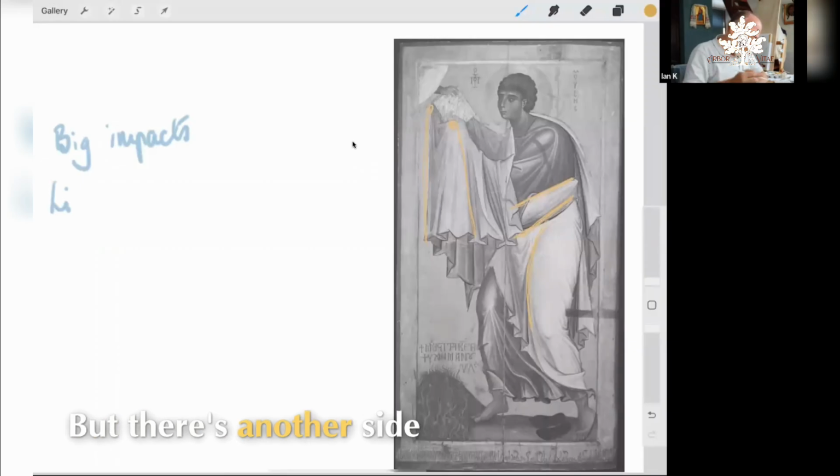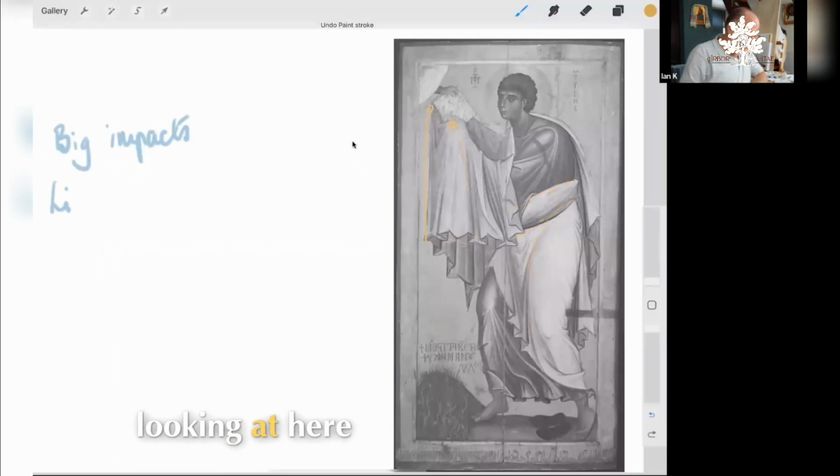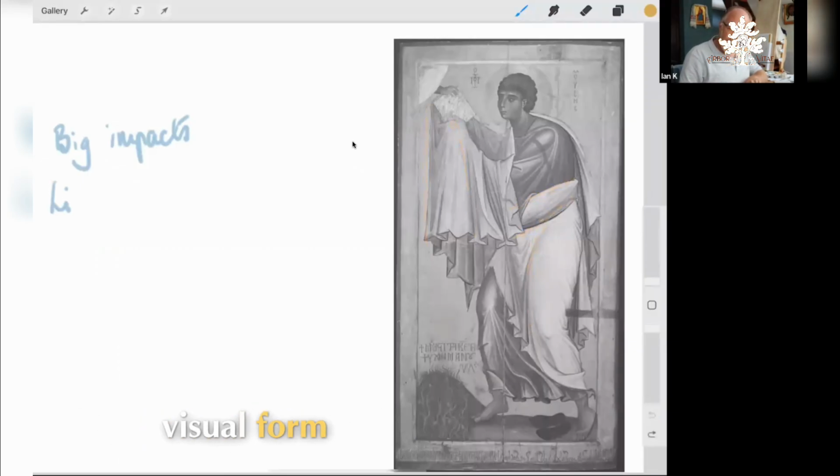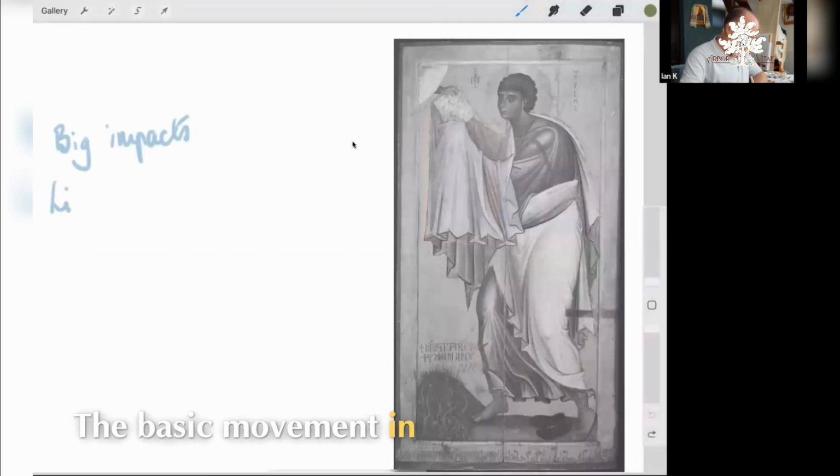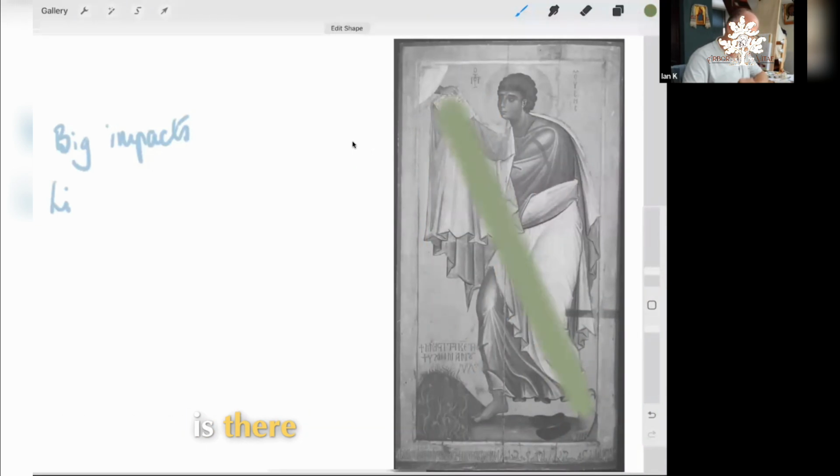But there's another side of things that we're looking at here, and that is the visual form. So how does my eye move? The basic movement in this is up here. Let me put that on again a bit bigger. So your basic movement is there. That's the line your eye travels in.